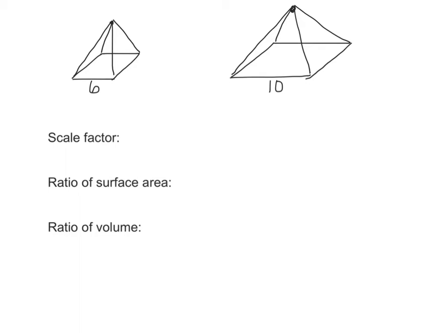So what I do for my scale factor is I take the two sides that I know that I'm going to compare, so this 6 and 10. So I'm going to go 6 to 10. Well, that can reduce. I can reduce both by 2, and I get 3/5. Now we know when we do ratio of area, all we have to do is square the scale factor. So I'm going to do 3/5 squared.